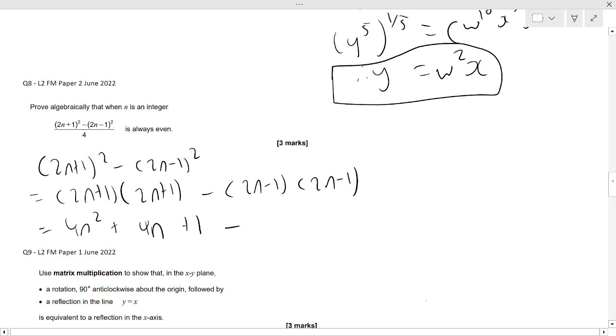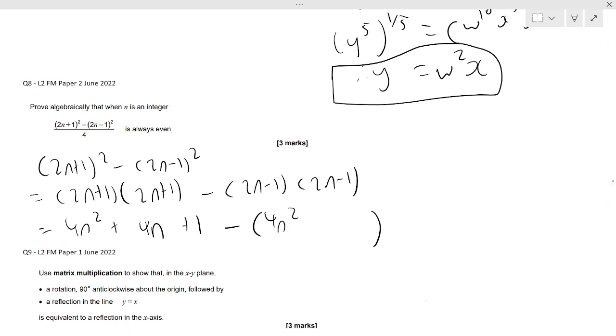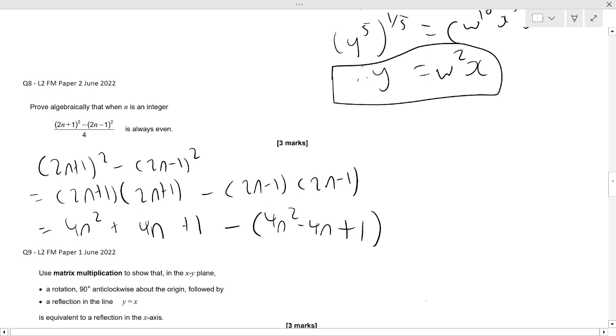And then minus, and I'm going to put a bracket here, because I'm going to expand this whole thing, and then I'm going to minus everything afterwards. So let's expand what's in the bracket. So 2n times 2n is again going to be 4n squared. Then 2n times minus 1 will be minus 2n. And then minus 1 times 2n should be minus another 2n, which will go to minus 4n overall. And then minus 1 times minus 1 will again be positive 1.